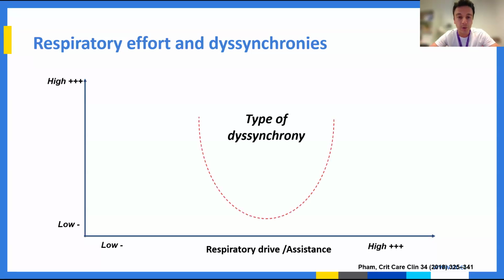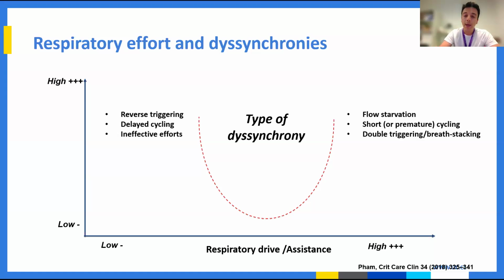So again, you may have this kind of U shape where at a low level of effort, you may have reverse triggering, delayed cycling, ineffective effort, and many others. Whereas when you have an excessive drive, with the patient breathing very excessively, you may have dyssynchronies like flow starvation, short cycling, and double triggering, which is very dangerous to the lung.